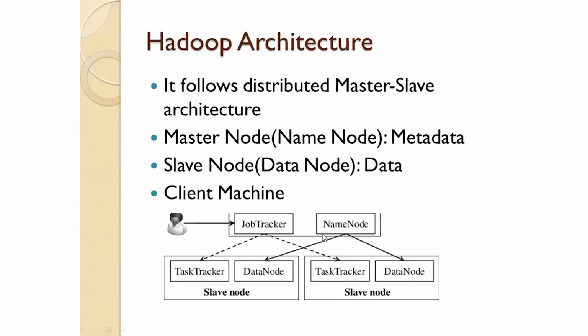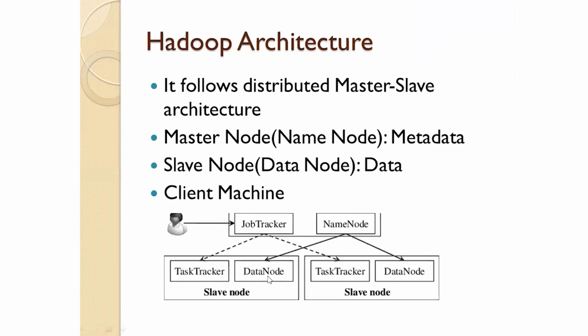And if we observe, the name node should be a highly available node. So it is not made of commodity hardware. It is customized and is a high-end machine because it should be available all the time. And data nodes are simple computation nodes, so a high configuration is not required.